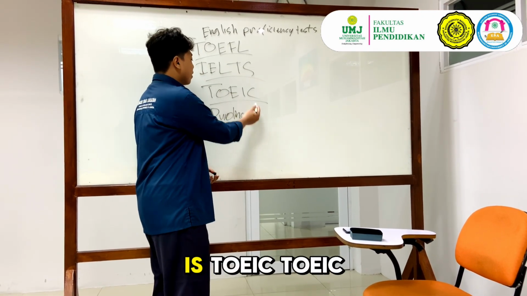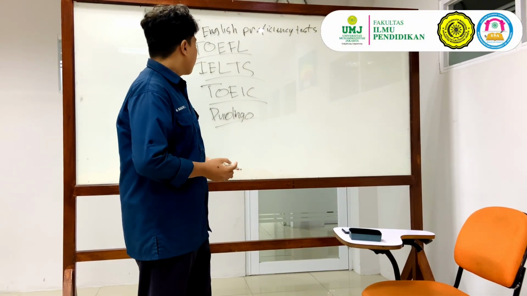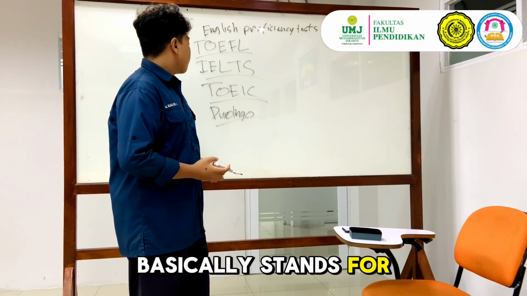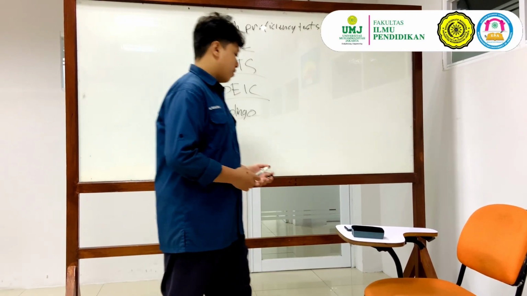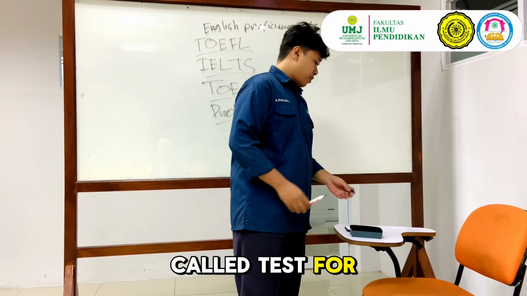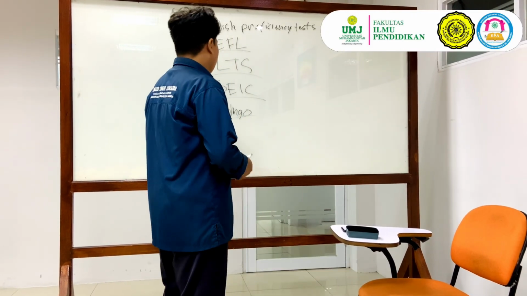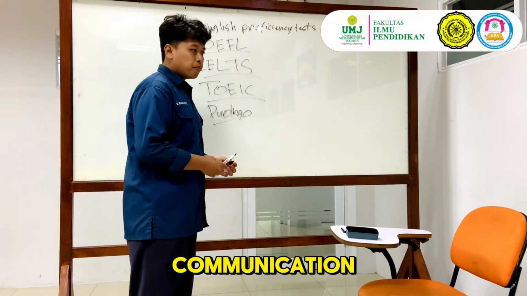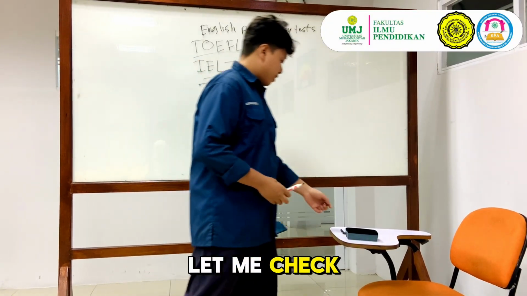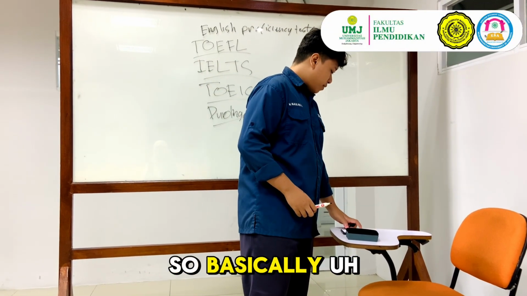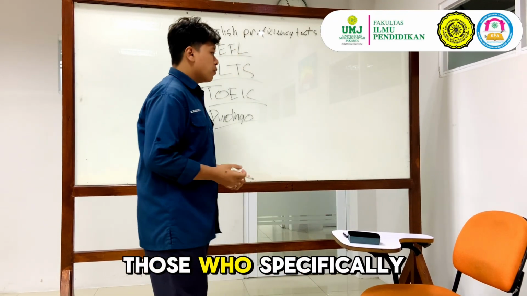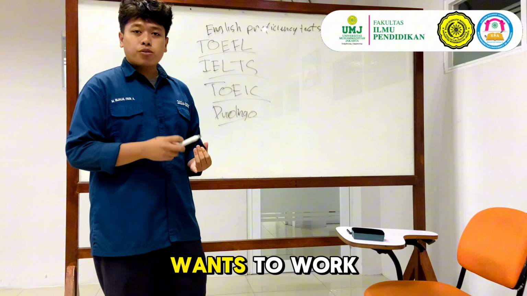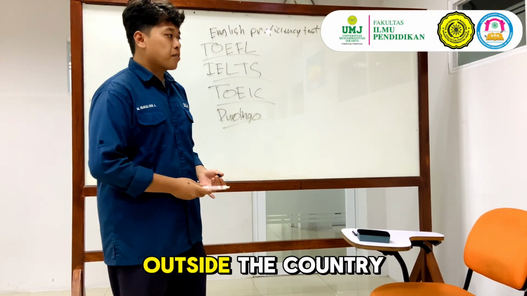And the third one is TOEIC. TOEIC stands for Test of English for International Communication. Let me check that again. Yeah. So basically, TOEIC is for those who specifically want to work outside the country.